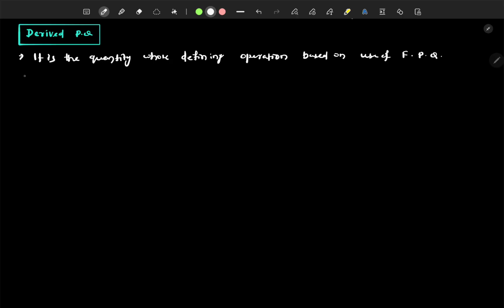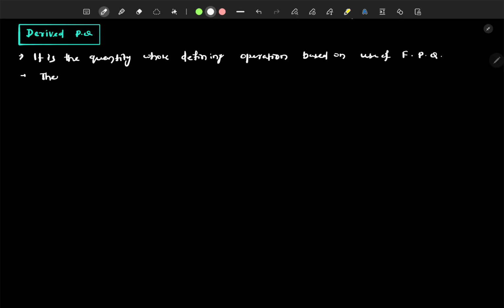In the first point we can write: it is the quantity whose defining operation is based on the use of fundamental physical quantities.